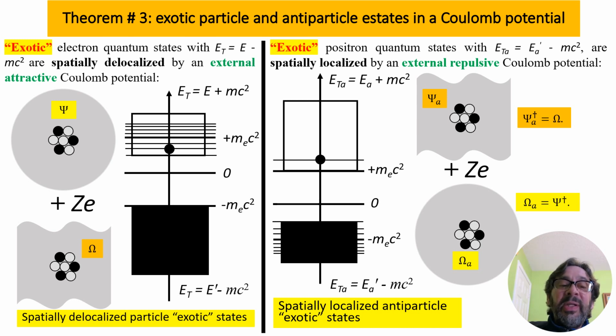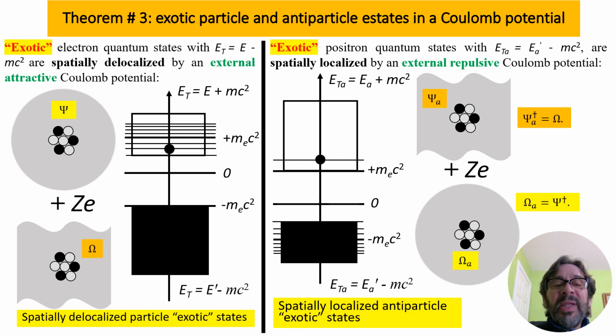The common electron states are spatially localized, and then the positron exotic quantum states are also spatially localized. A very important thing to remember for the future is that there are two spatially localized states due to a Coulomb potential.